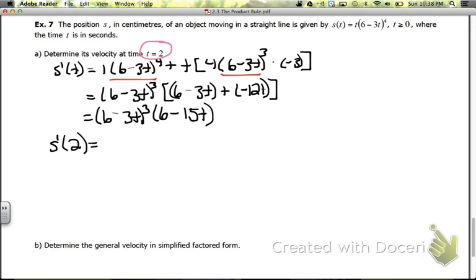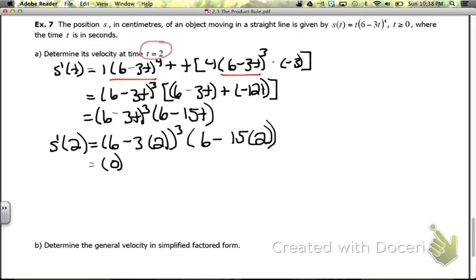So s prime of t is equal to (6 minus 3 times 2) cubed times (6 minus 15 times 2). What that's going to be is 0 times negative 24, which is equal to 0.